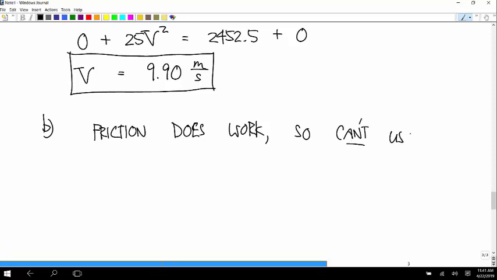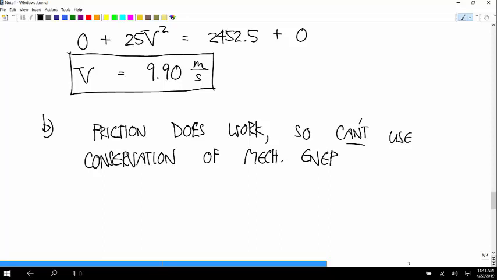We can't use the conservation of mechanical energy. So instead, we have to use the work energy principle.